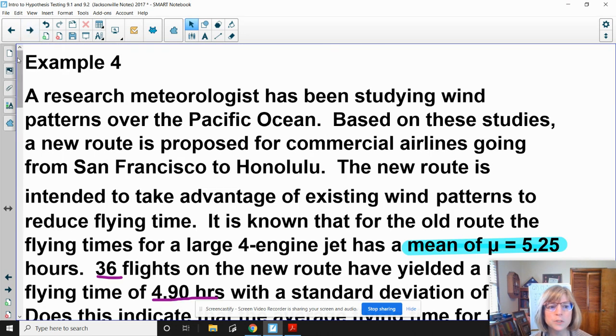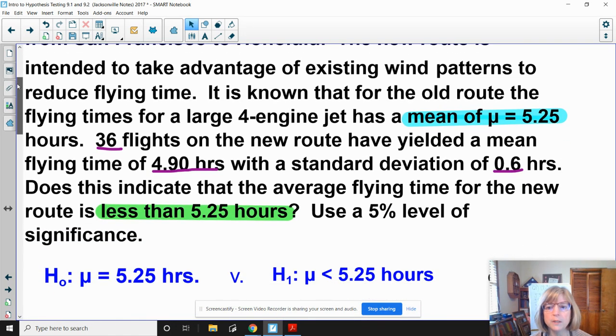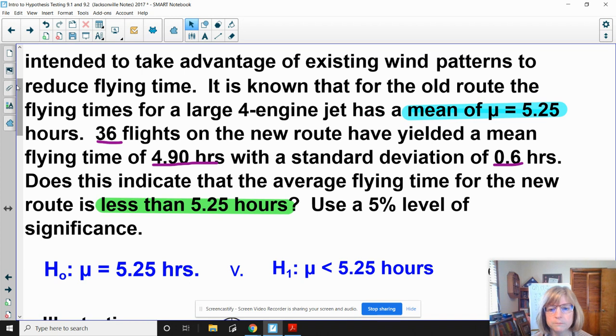So the first thing we want to do is figure out what is our null hypothesis and what is our alternative hypothesis. Well, if we notice, our population mean is assumed to be 5.25 hours because that's what it's always been. So that's going to be our null hypothesis. Mu equals 5.25 hours. Our alternative comes from the question being posed.